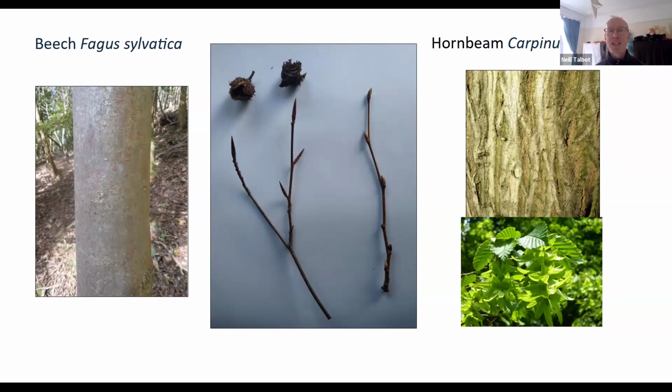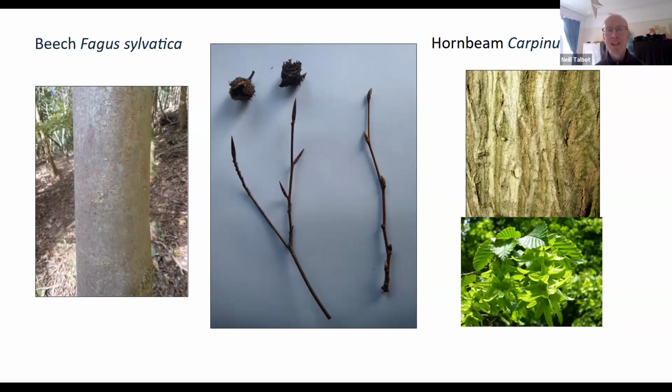I'll start with the twigs and buds. The one on the left is the beech, and they tend to have these long, thin, pointy, cigar-shaped buds, and they branch away from the stem, so they stick out at an angle.